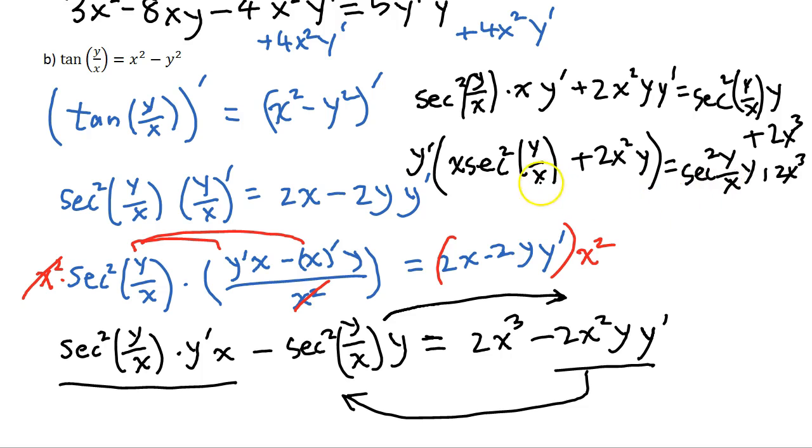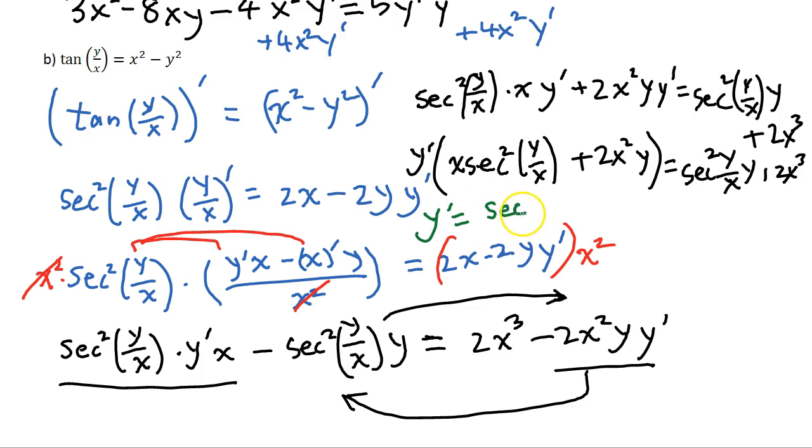Okay. And then since I need to isolate y prime, this entire thing must go, and you can get rid of this by dividing to the other side. Alright, so the final answer, let me write in green, is y prime equals, oh, it's very confusing.